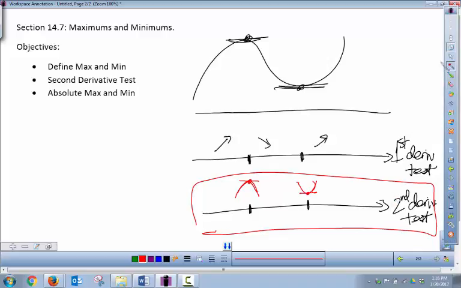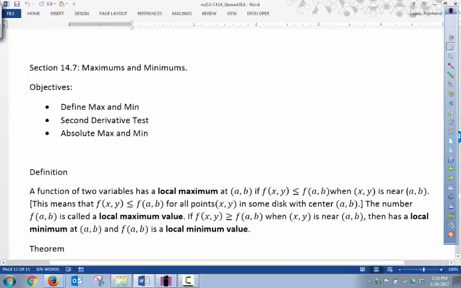All right, let's give some definitions for the max and mins, and let's see how this complicated looking definition actually works.